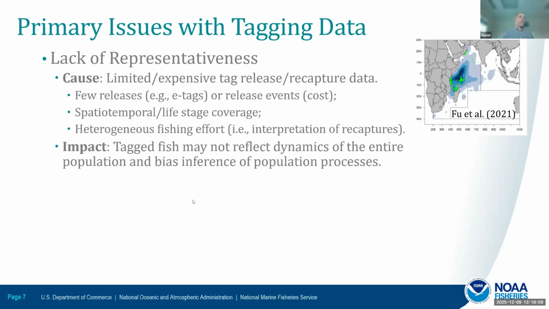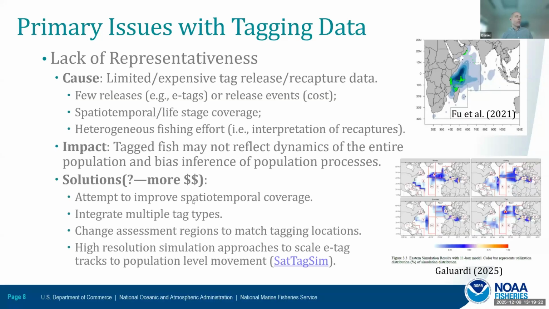And then accounting for heterogeneous fishing effort is important, because where and when you recapture fish has important impacts on how you get your movement estimates. And so mainly it's just whether or not your tagged fish represent the dynamics of the entire population, and whether you can get unbiased inference of population level processes.